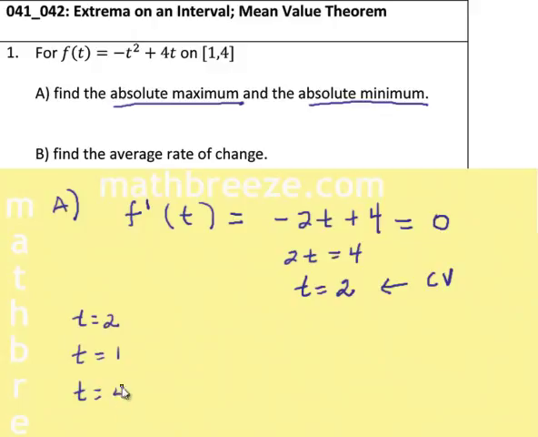And what I mean by test is we're just going to substitute into the original function f(t) and see which is the biggest and which is the smallest. Again, the absolute min and max of a function on a closed interval occur at either critical values or endpoints, assuming that the function is continuous. All right, so let's start with f(2).